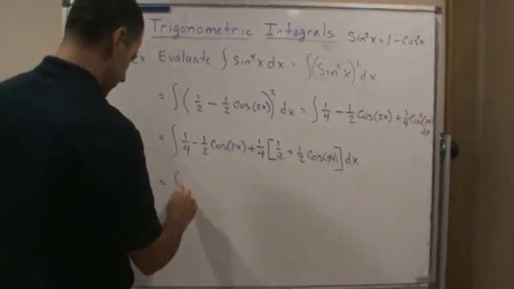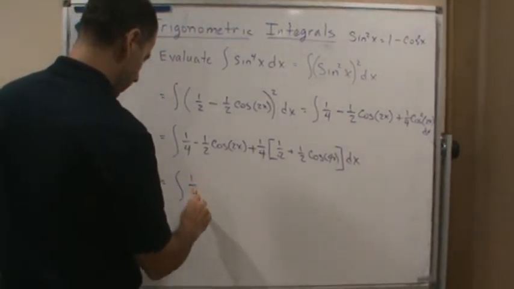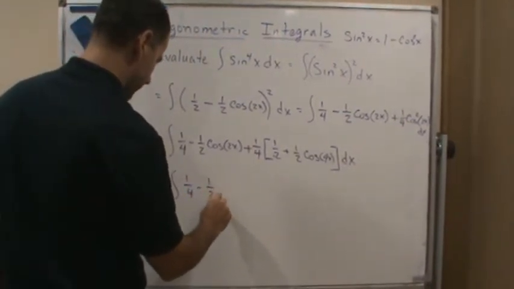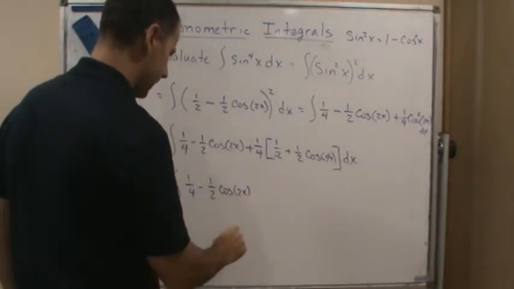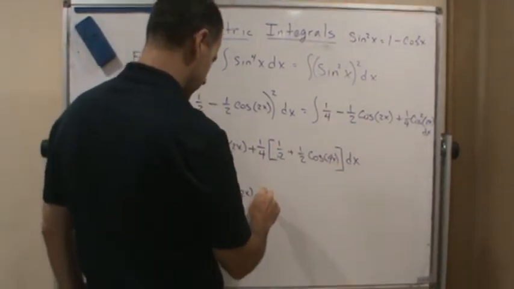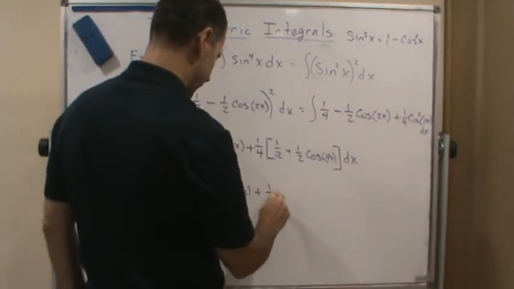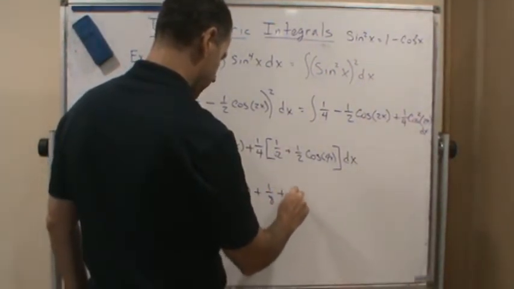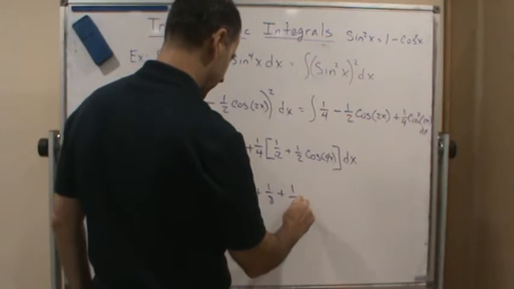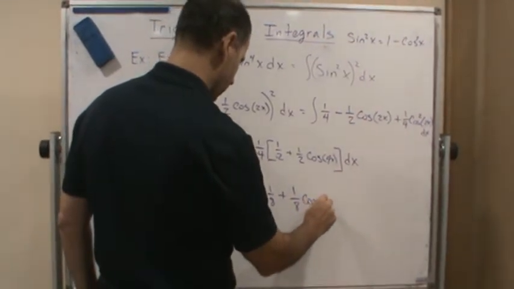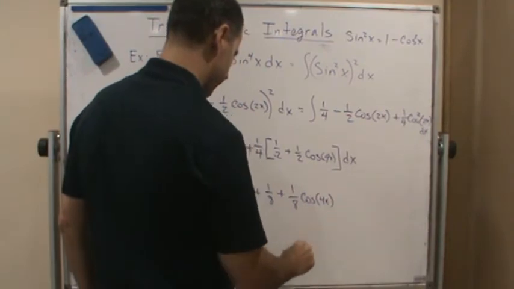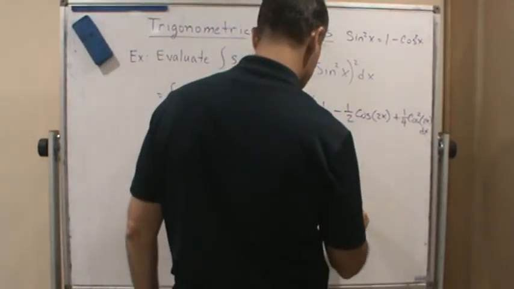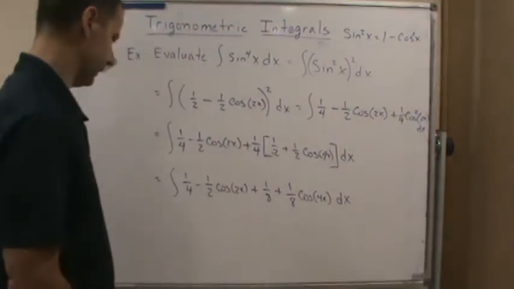And this becomes the integral of 1/4 minus 1/2 cosine 2x. And now I'm going to distribute this. This becomes 1/8 plus 1/8 cosine 4x dx.